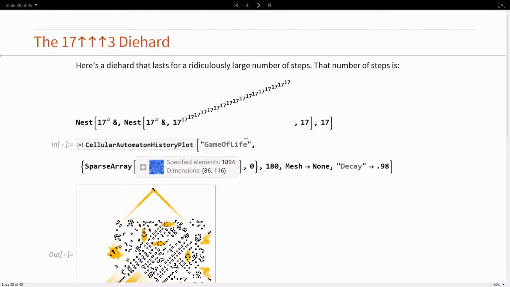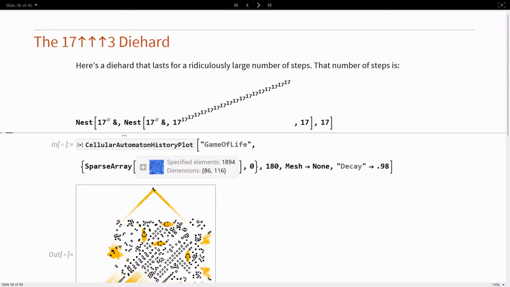You take that number, you do 17 to the power of itself that many times, which is already an absurdly large number, bigger than all the particles of the universe, and then we're using that as an index for tetration. And you take that number to make another series of power.